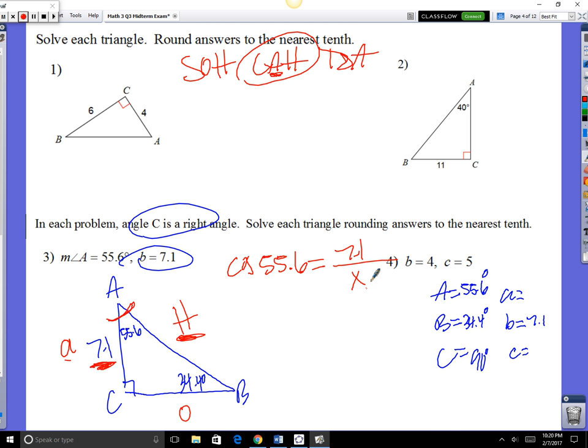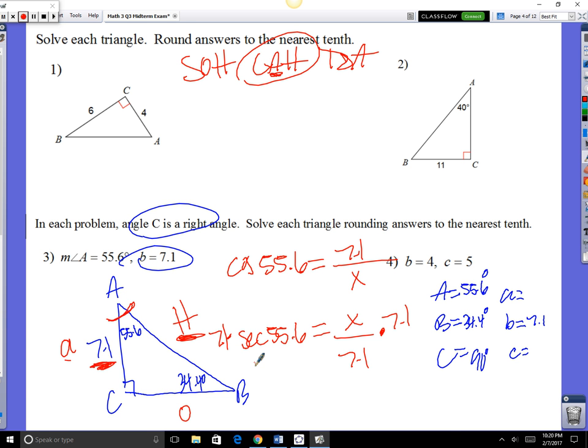Okay, so since I hate having the variable on bottom, I'm not going to use cosine. I'm going to flip this upside down. So I want the X on top and I want the 7.1 on bottom. And secant is the one that does that. So if I do secant from the 55.6, now I'm going to solve for X. So instead of divide by 7.1, I'm going to times by 7.1, and times this by 7.1.